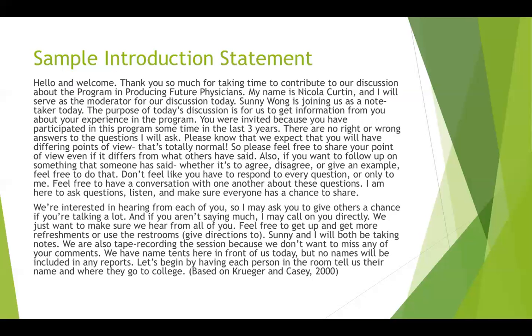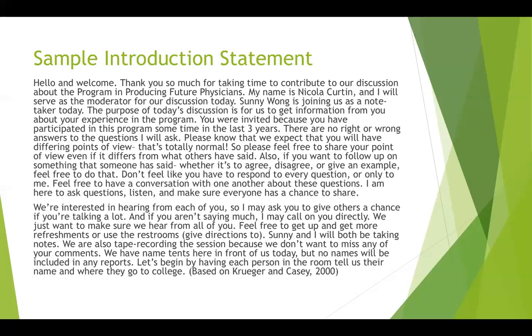I have included here, and I'll give you the slides because I doubt it'll be long enough on the screen, a sample introductory statement for a group that shows you how you can orient a group. And what I really want to highlight here is you really want to normalize for the group that there might be disagreement, and that there's nothing wrong with that.